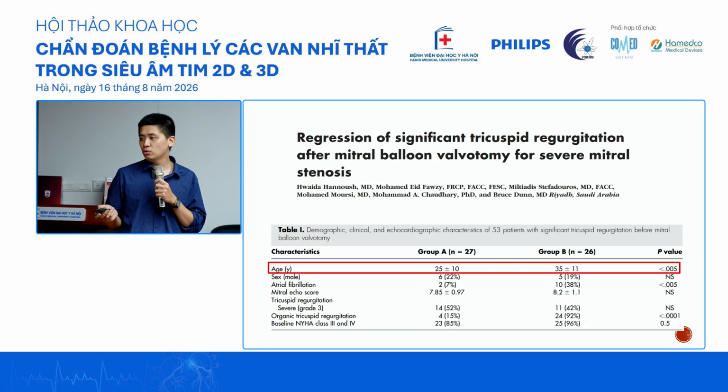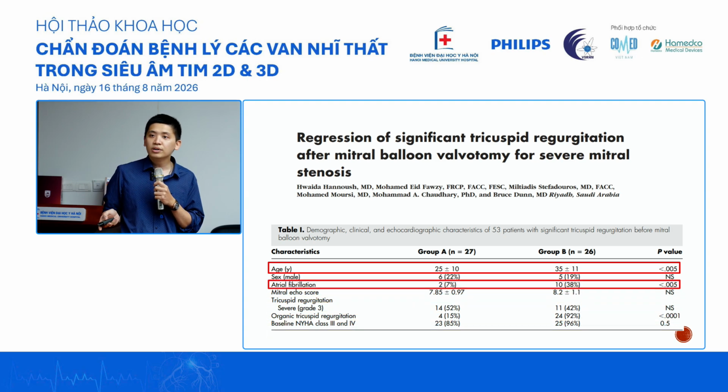Recent research also showed that even with very good results, some patients could never regress their TR. Those are the patients who are older, say 30 years old, and they have more atrial fibrillation. A third of them might get atrial fibrillation. So this is what you think about when a 50 or 60-year-old patient with atrial fibrillation comes into your clinic.